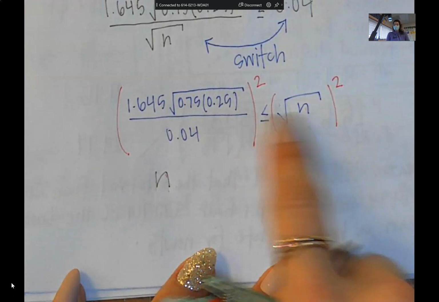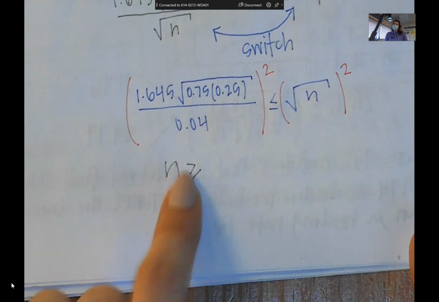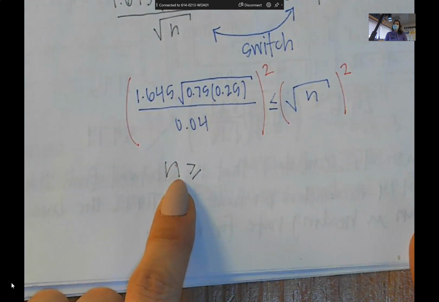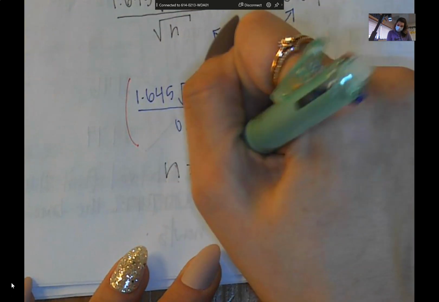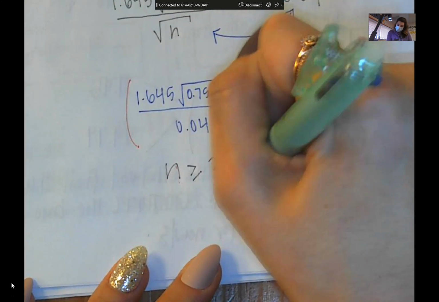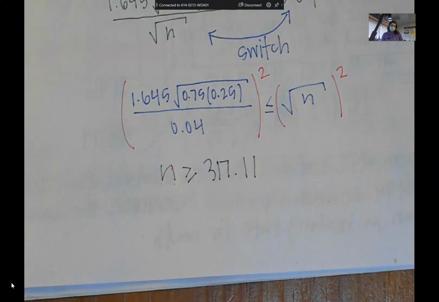Here the inequality is eating the n, so you have to keep it eating the n when you switch it. n is greater than or equal to 317.11. Well, what are we sampling? We are sampling Americans.